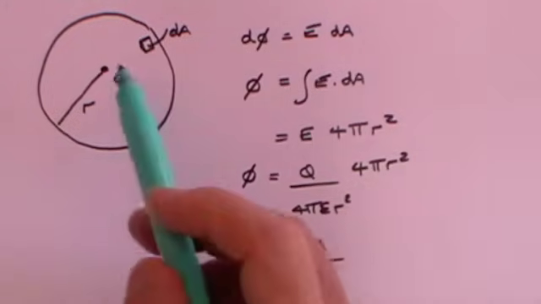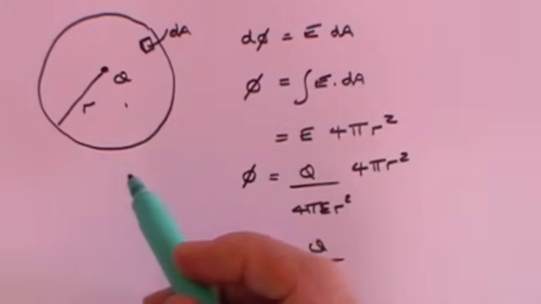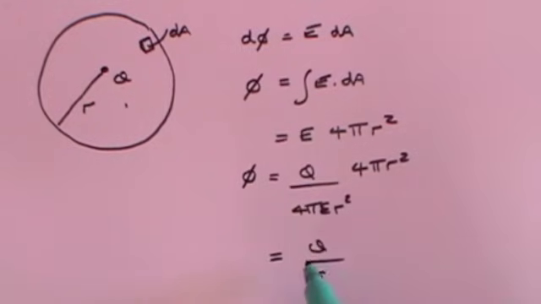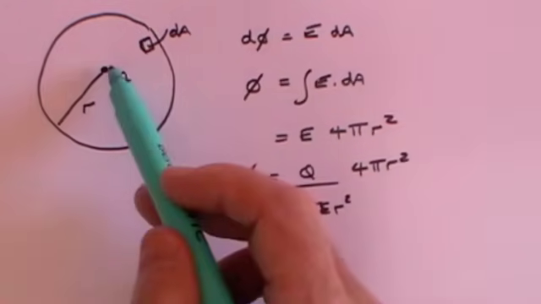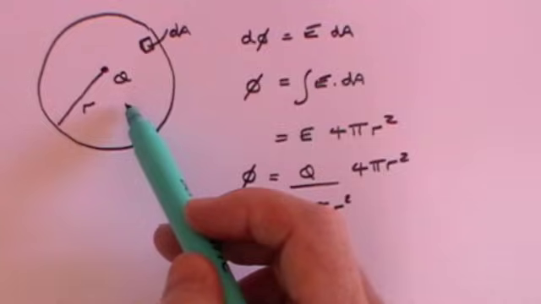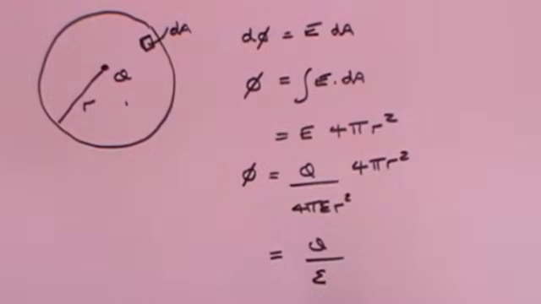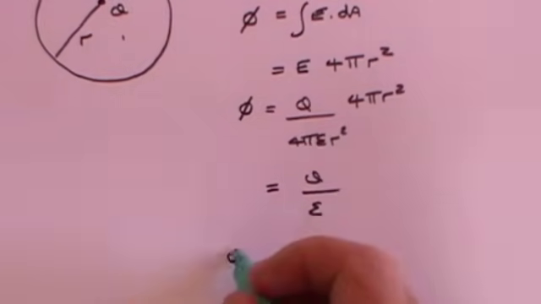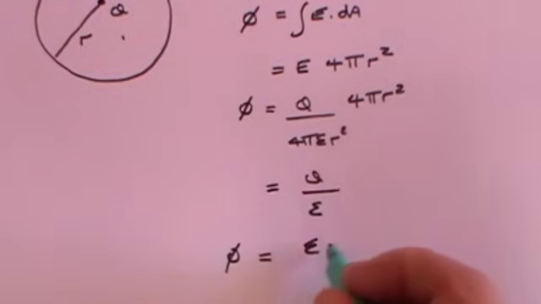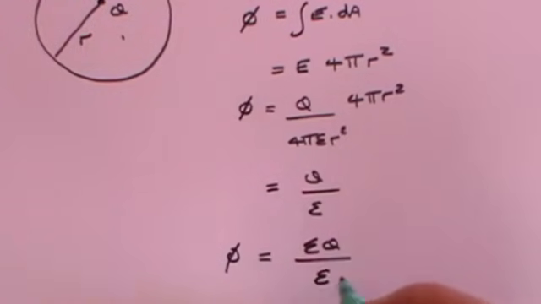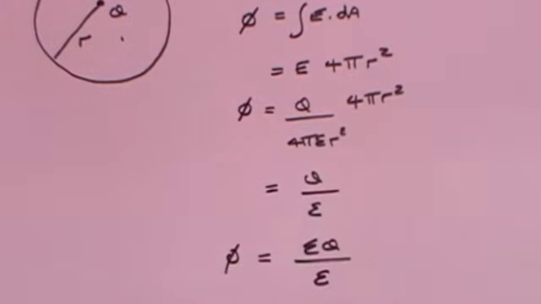If there were another charge in this sphere, then the total flux would be the flux due to this charge plus the flux due to that charge. And that means that where you've got more than one charge, the total flux will equal sigma q, the total charge, divided by epsilon.